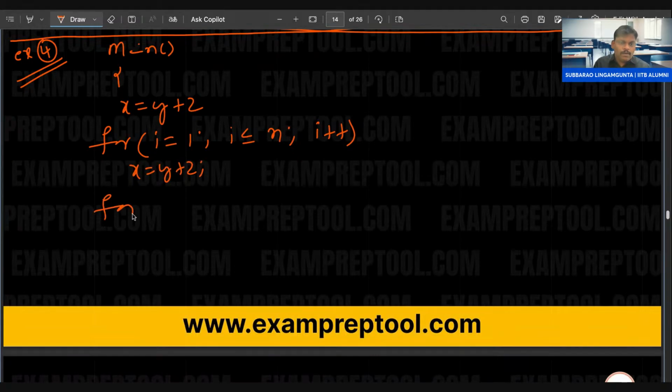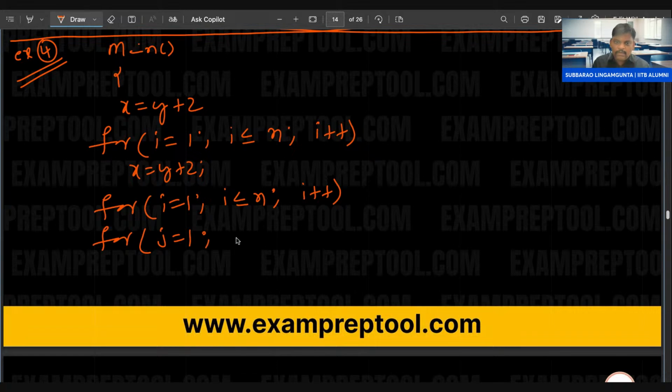For i is equal to 1, i less than or equal to n, i plus plus, for j is equal to 1, j less than or equal to n, j plus plus, x is equal to y plus z. So end of this.